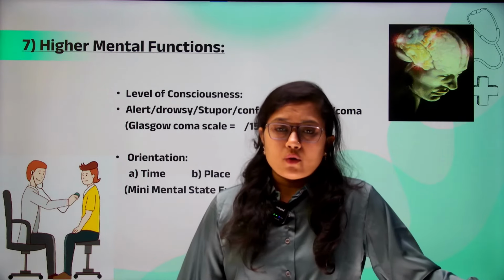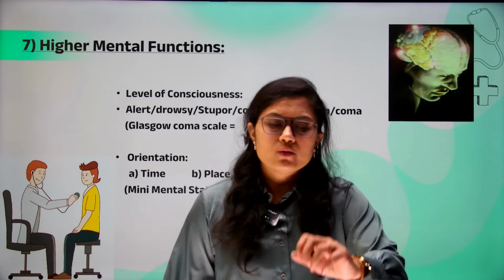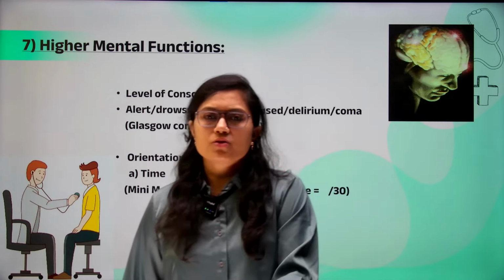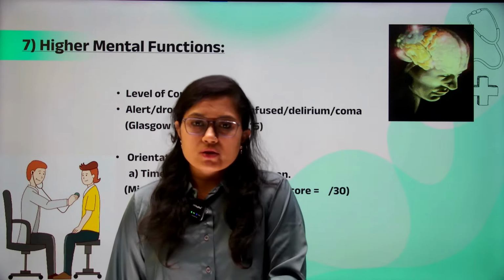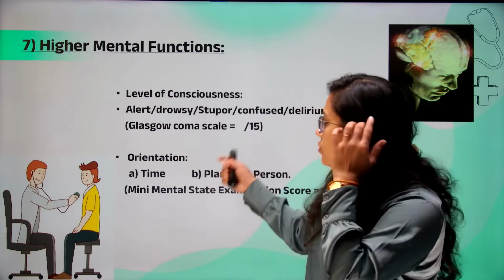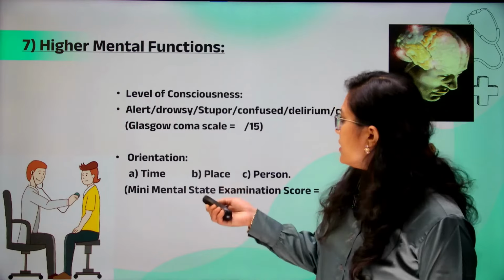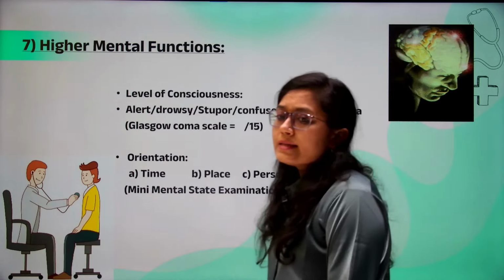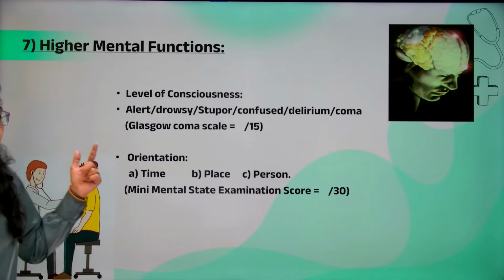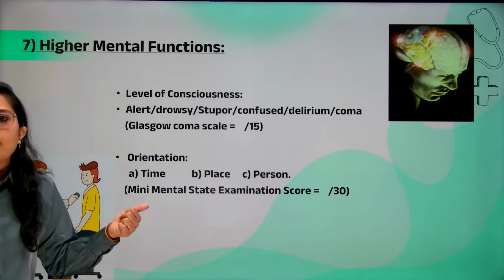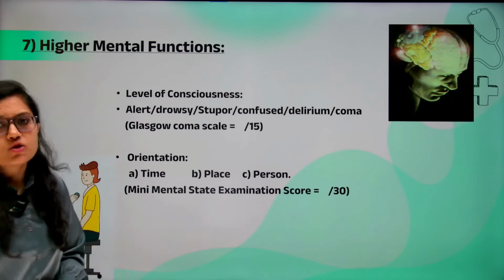So first important thing, whether you go in ICU and you see a patient, you can get to know whether the patient is conscious or not, how the patient is reacting, what are the functions that the patient can do. So for that we need to know the level of consciousness. You can see, these are the particular stages, that is alert, drowsy, stupor, confused, delirium, and whether the patient is in comatose stage or not.